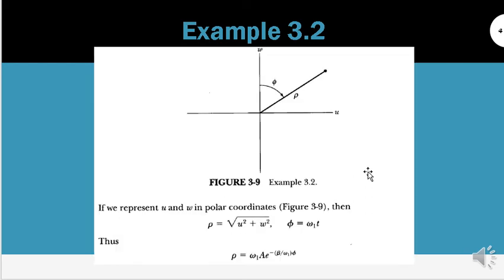If we represent u and w in polar coordinates, then rho, which is the magnitude, is equal to the square root of u squared plus w squared, and phi is equal to omega 1 t. Thus, rho is equal to omega 1 A e to the power of negative beta over omega 1 phi.